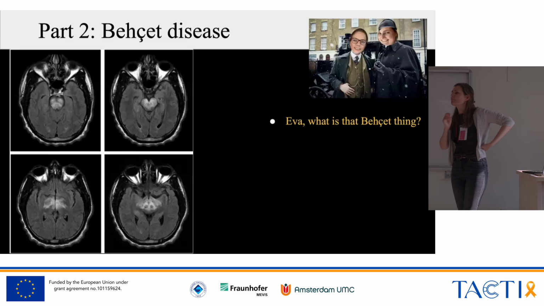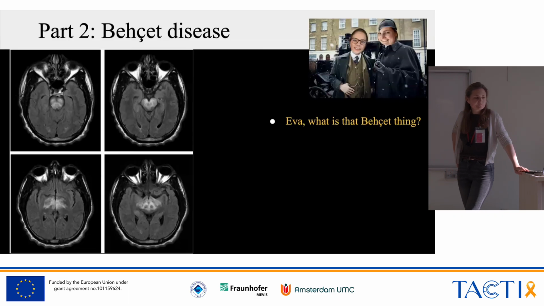Five to 10% of those patients have some neurovascular disease, which can be divided into parenchymal diseases like this. Mostly the lesions involve the mesodiencephalic region and the brainstem, and another involvement is sinus vein thrombosis, which can cause thrombosis in the dural sinuses.